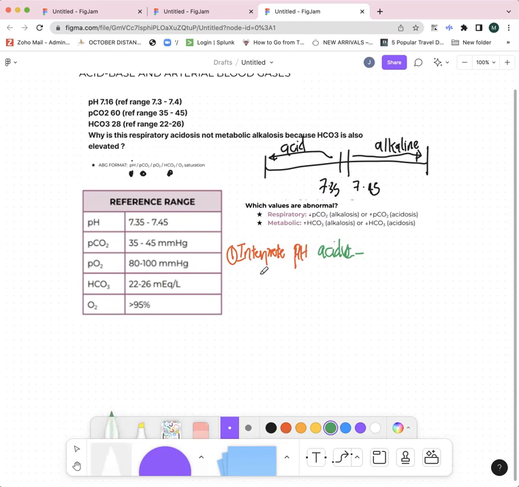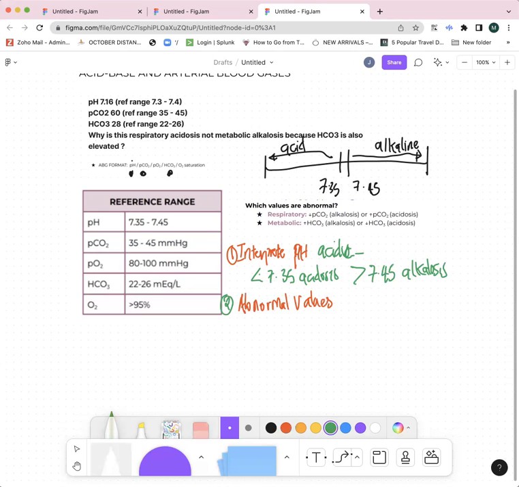Okay, so let me just write it down all together. Below 7.35 is acidosis, and anything greater than 7.45 is alkalosis. And then the second step is to figure out what the abnormal values are.